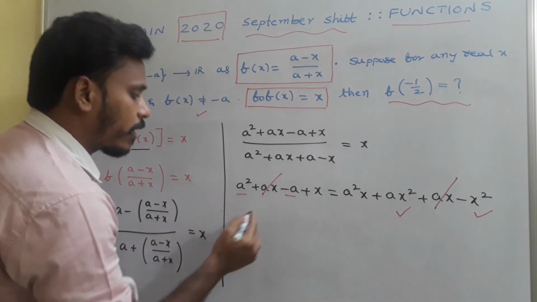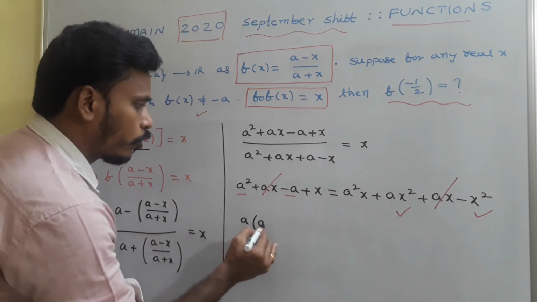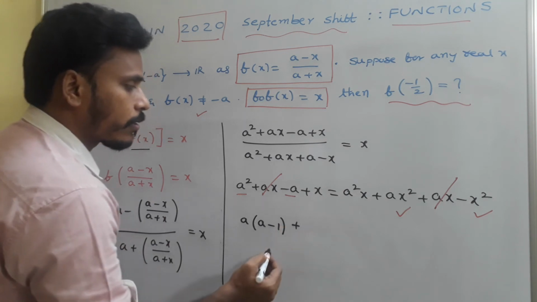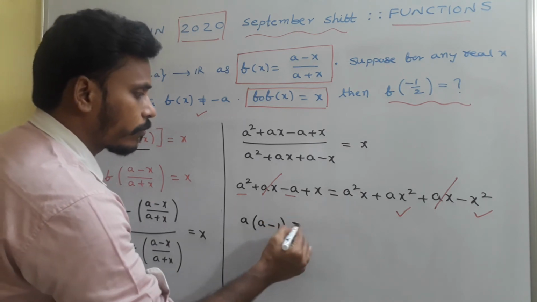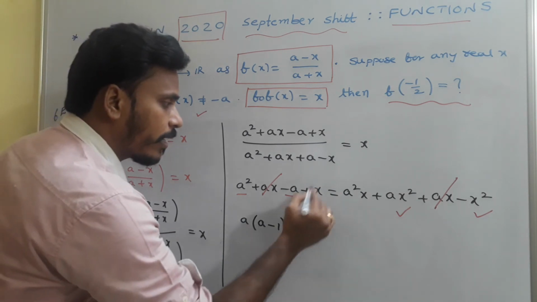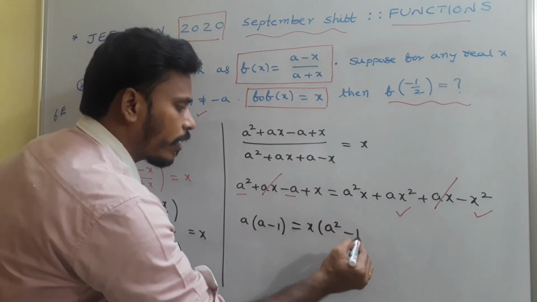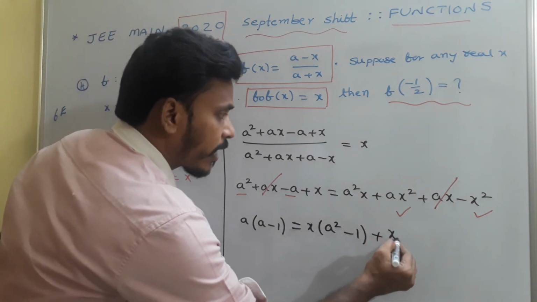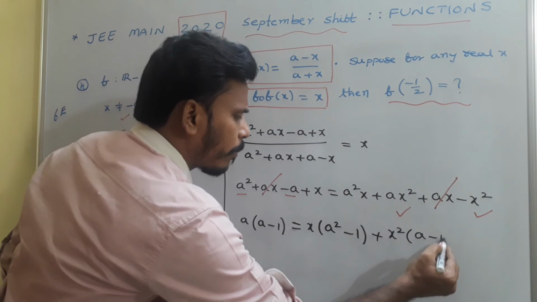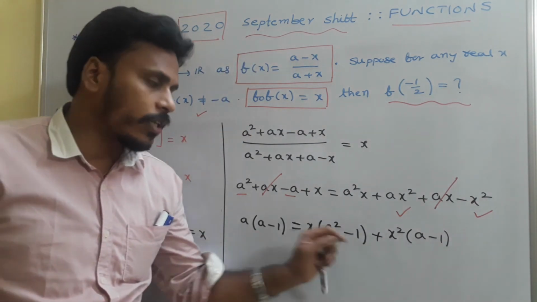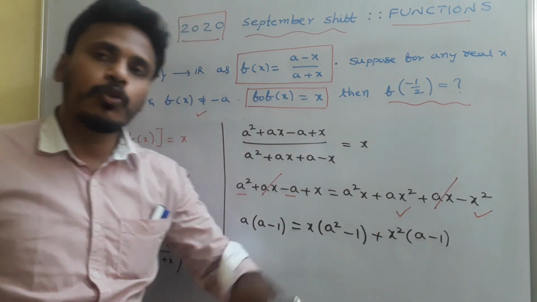A square minus a, so a into a minus 1, is equal to a square x and x. Okay, and you common out x, send this x that side, x into a square minus 1 plus x square into a minus 1. Okay, a into a minus 1, x into a square minus 1, x square into a minus 1.